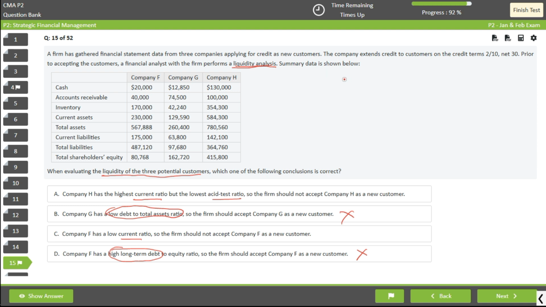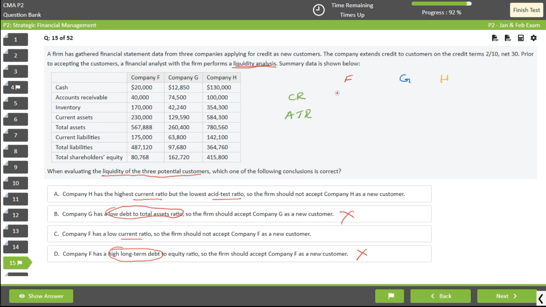So first it is F, we have G, and we have H. You know how to calculate the current ratio. So now I will write down the amounts.